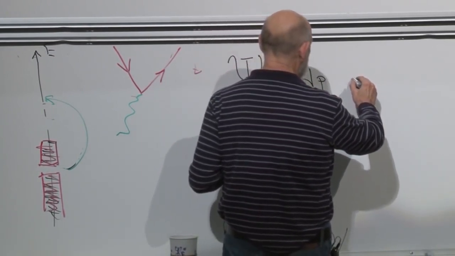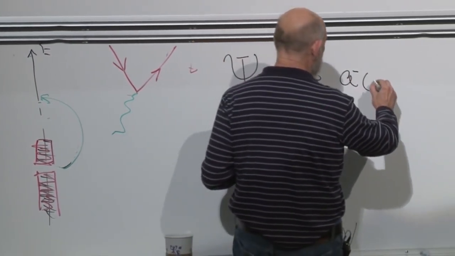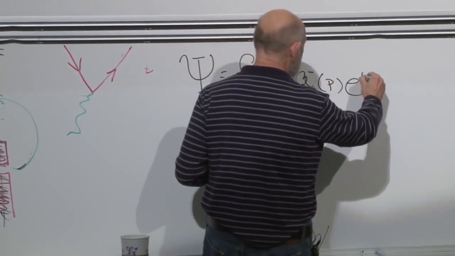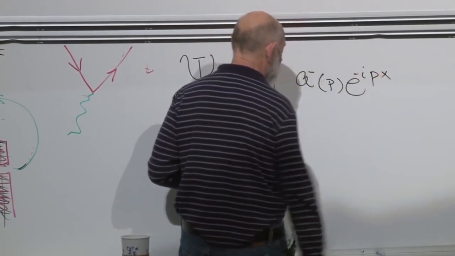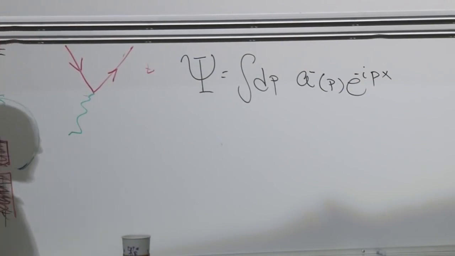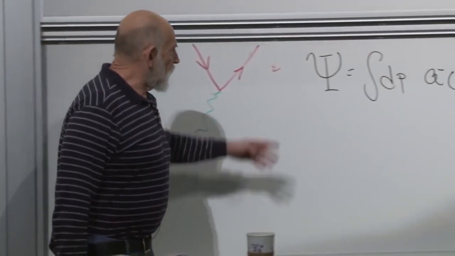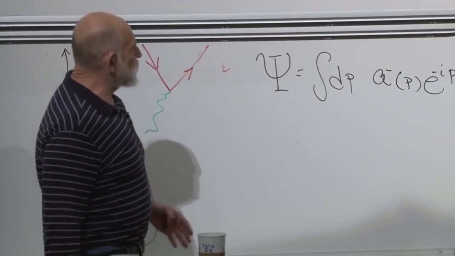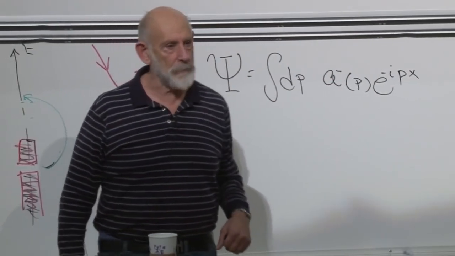That's A minus, the annihilation operator for a particle of momentum p times e to the minus i px, if I'm not mistaken. Doesn't matter. That's the way we build field operators, creation operators and annihilation operators times this sort of thing here.